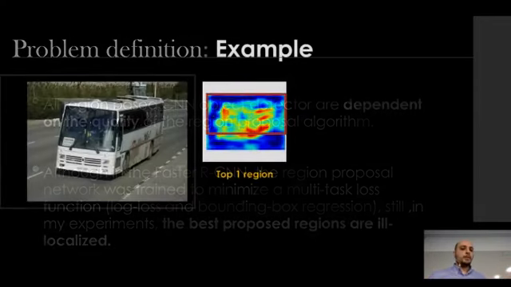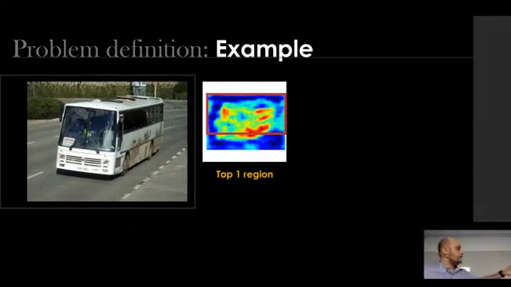I'll give you an example. This is a bus. When you take the rank 1 region, the region with the highest classification score, you still see that it does not contain the object correctly. And this is a big problem when it comes, for example, to autonomous driving.